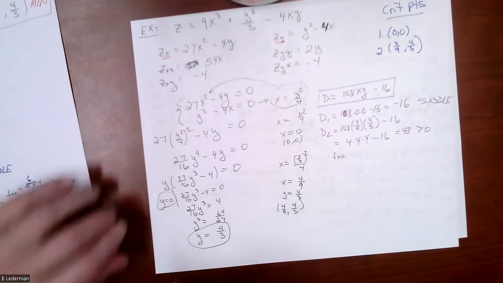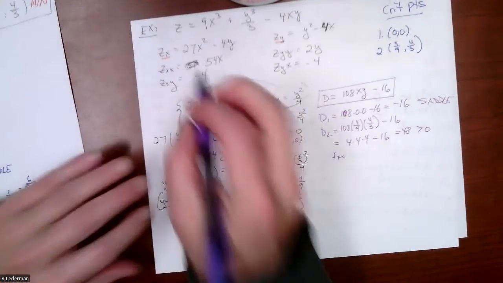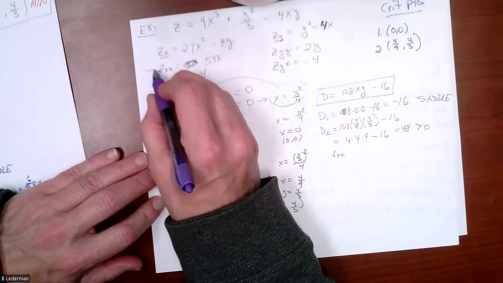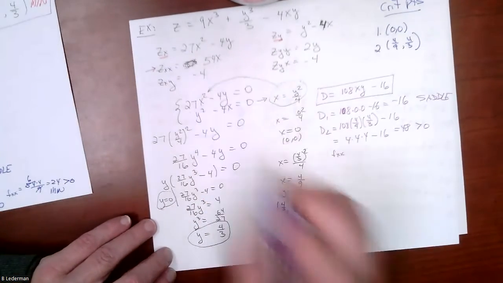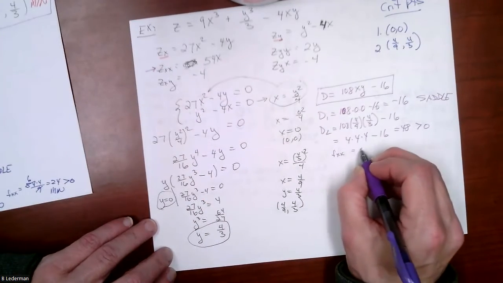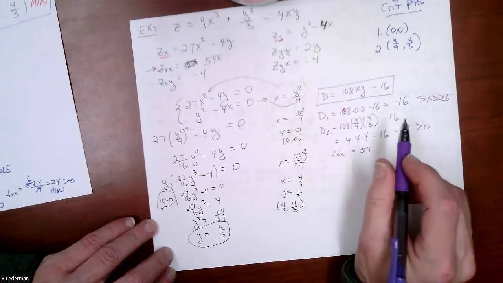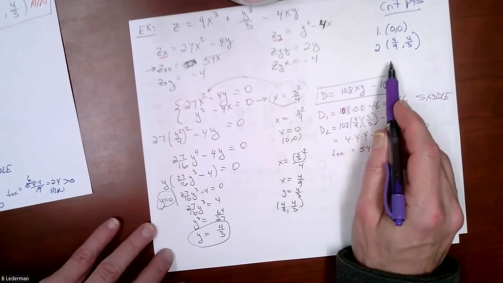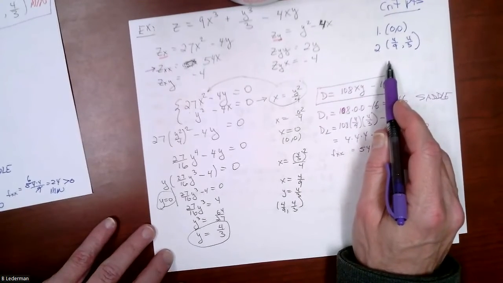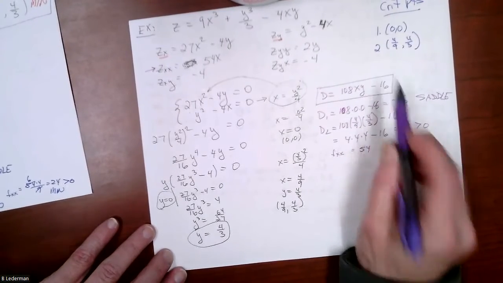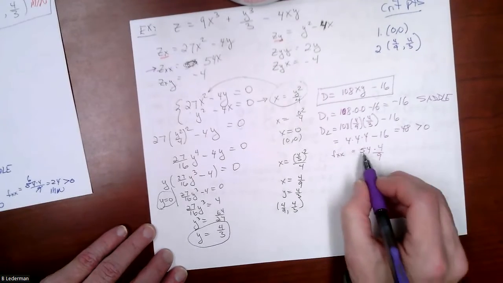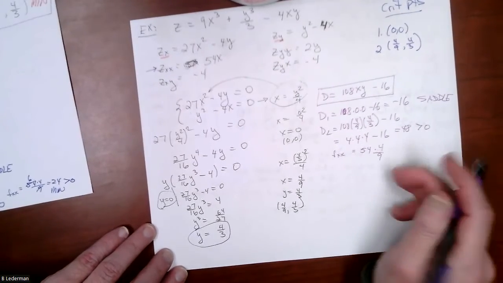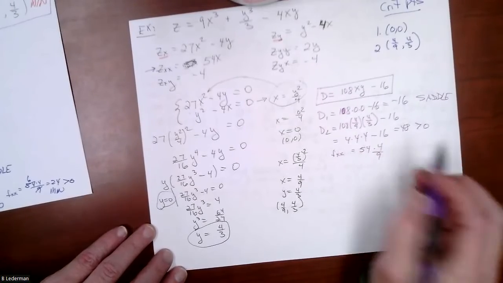So I'm going to my zxx, which is right here: 54x. This is going to be 54 times x, which is 4/9. The truth is, I don't even care what this comes out to be, because it's a positive times a positive, therefore it's positive, and that's all I really need to know. Well, let's just do this anyway.